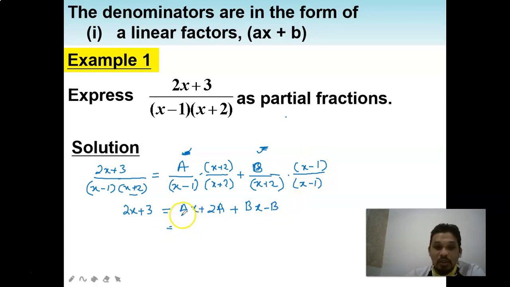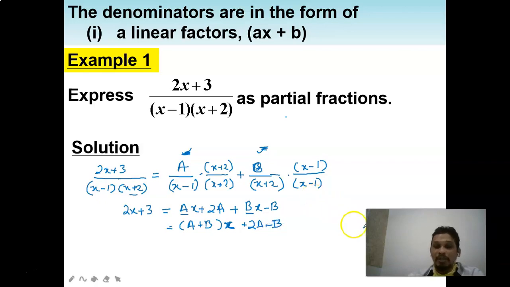The coefficient of x is a and b, so a plus b multiplied by x, plus 2a minus b.